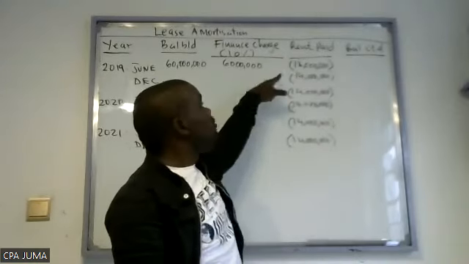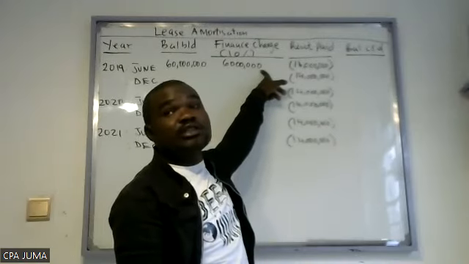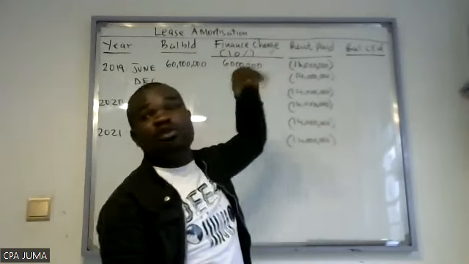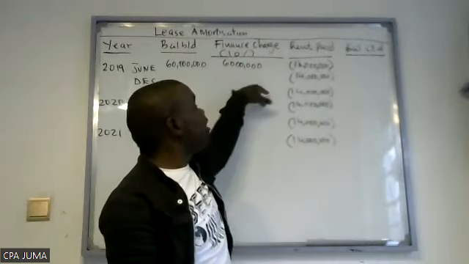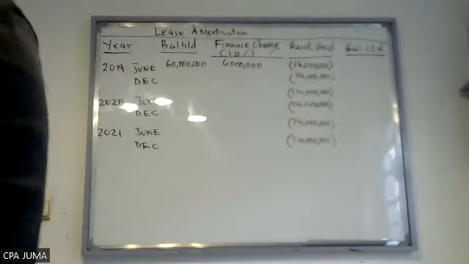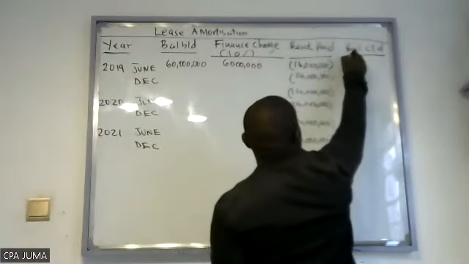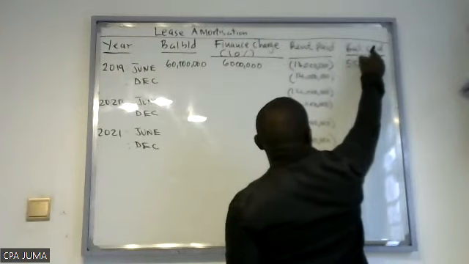What you are paying, part of it will pay principal, part of it will pay the interest. So that should not be your concern. Where you put the opening plus interest minus the rental paid. So that one will be 66 minus 14 is 52.